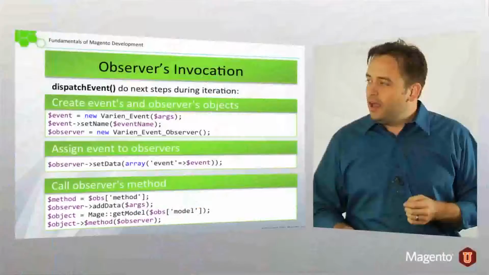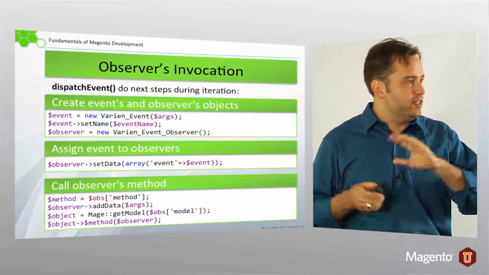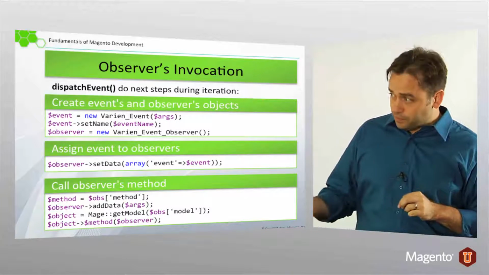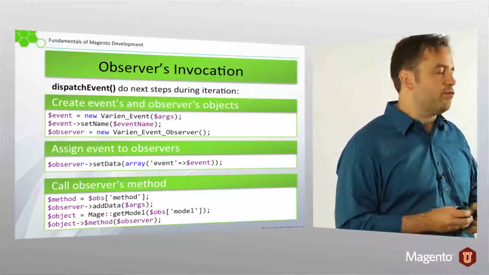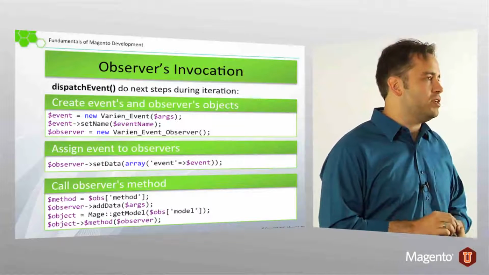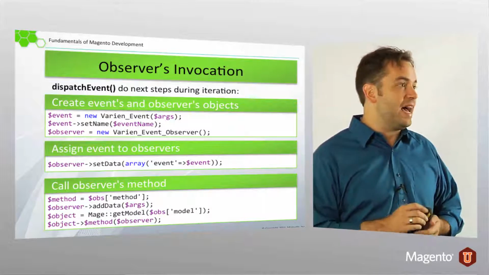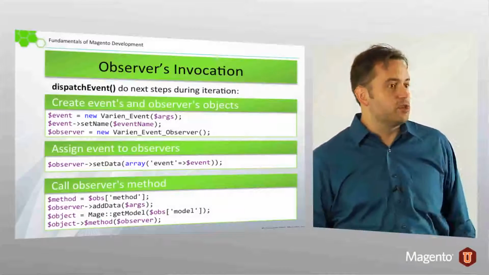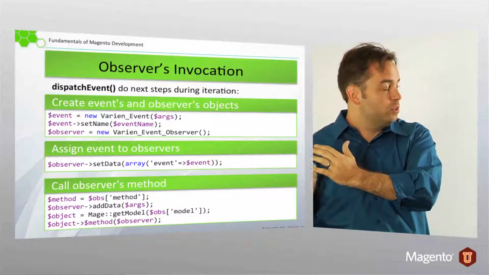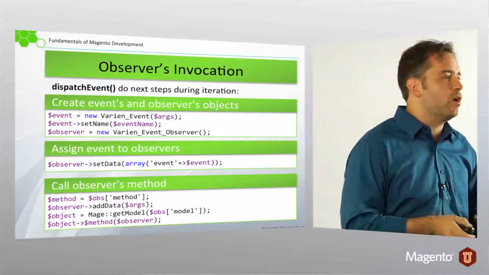But for right now, I think you should just be aware that there are a couple of different objects at play in the event observer system, and that fundamentally what happens is, through configuration, we cause a model to be instantiated, and then that model receives its data through the observer. Basically, that's how everything's passed in to our model that we want to use to operate on whatever's going on.